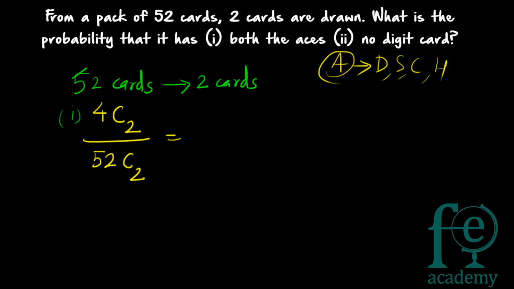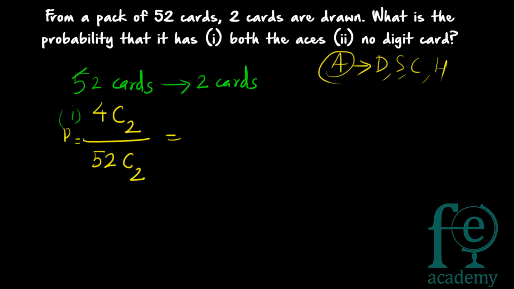So this will be your probability. Your probability will be the number of favorable outcomes divided by the total number of outcomes. The number of favorable outcomes means from a total of 4 cards you have to select 2. So 4C2 is your number of favorable outcomes and 52C2 is your total number of outcomes.